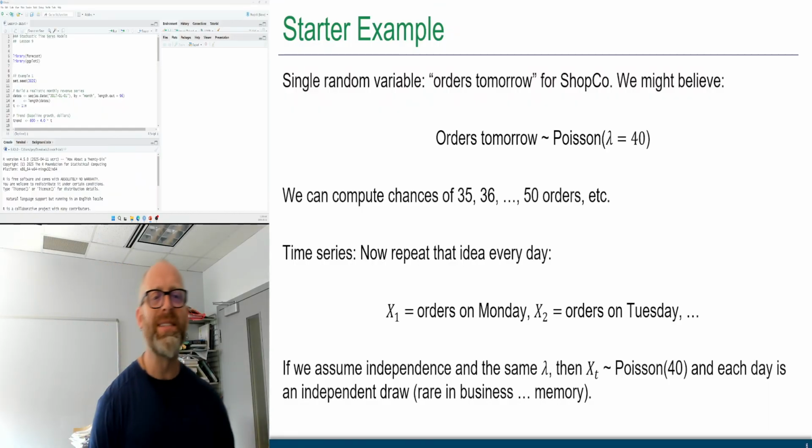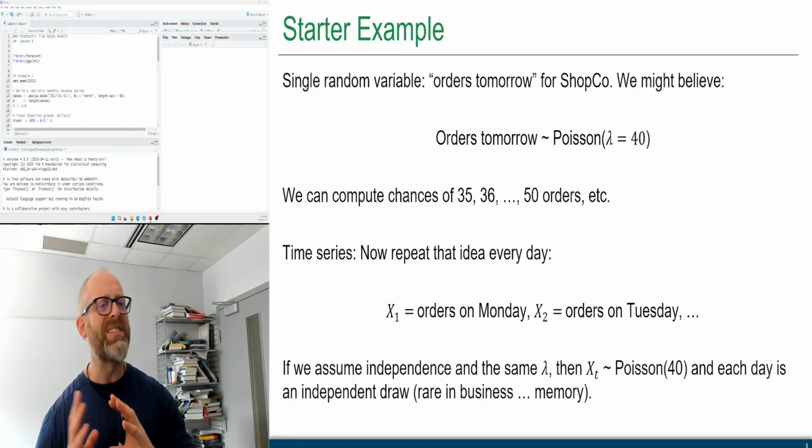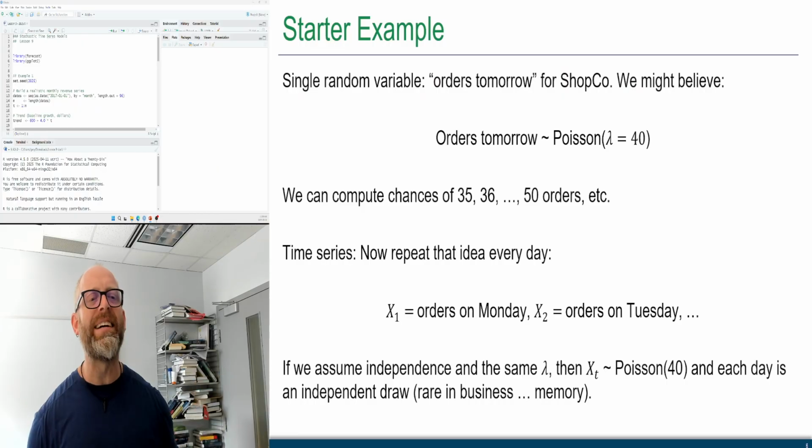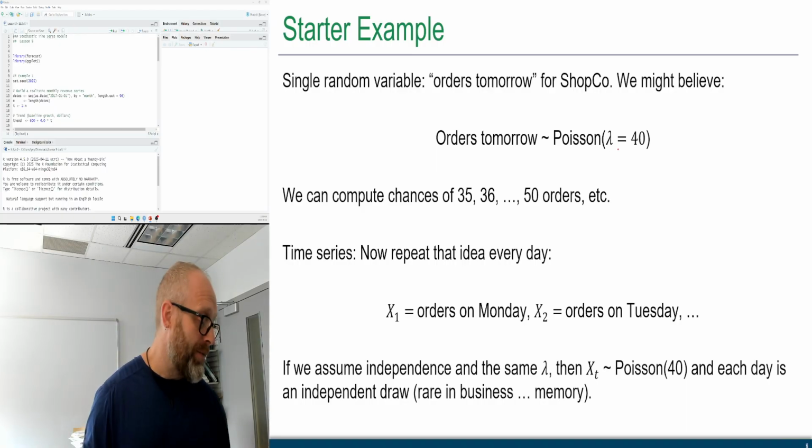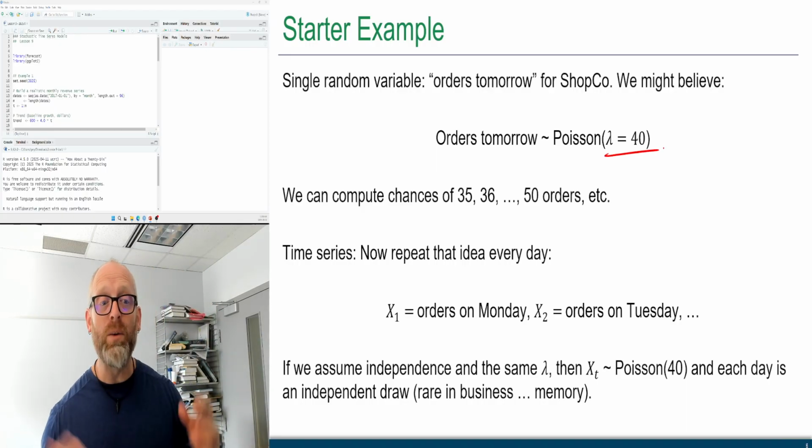So, a starter example here. If we're talking about just a single random variable, it could be just a single day: tomorrow's orders for Shopko. We might believe that that random variable follows a Poisson distribution with, we'll say, an average of 40. So our lambda is equal to 40.